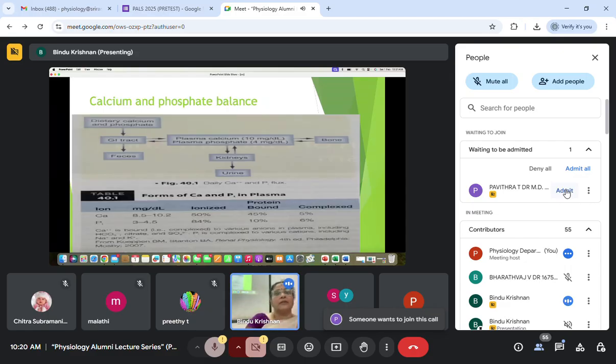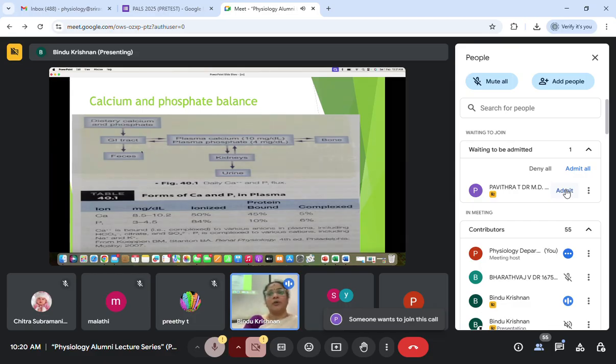So with this, we move on to see this calcium and phosphate balance. How is it able to manage this narrow range of 8.5 to 10.2 milligram in case of calcium, or if it is phosphate between 3 to 4.5 milligram per deciliter.